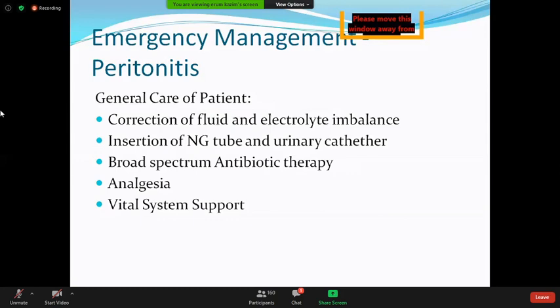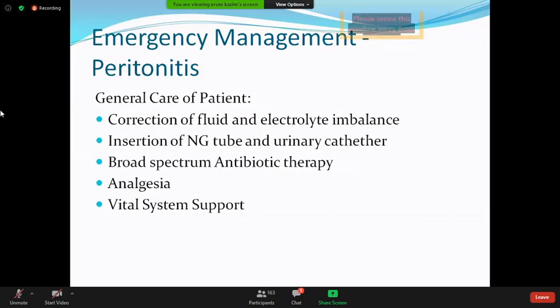An NG tube should be passed to decompress the stomach and also to avoid aspiration in these patients. And the patient should be catheterized so that the output could be calculated and monitored.